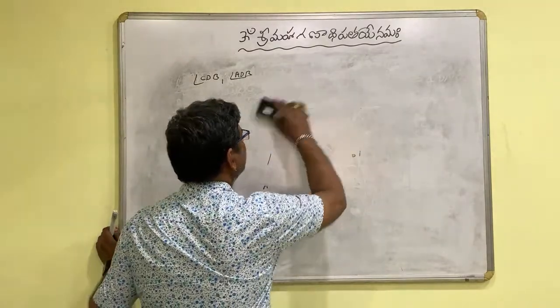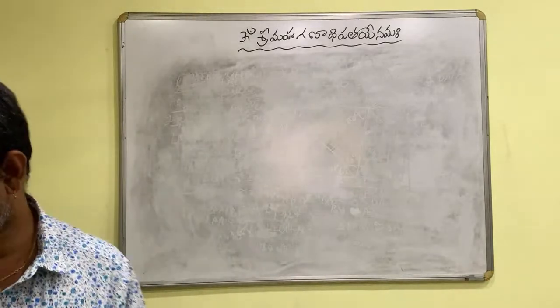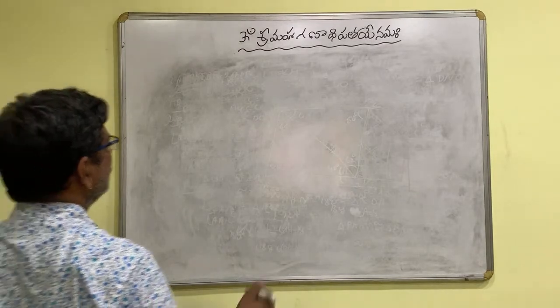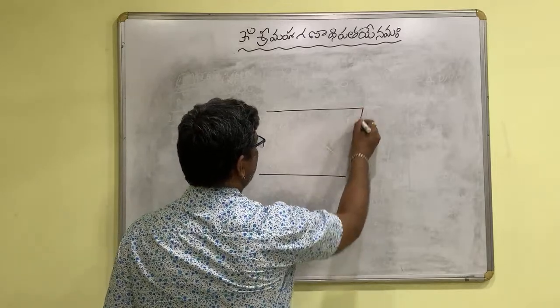Now next question. Again, ABCD is a parallelogram.